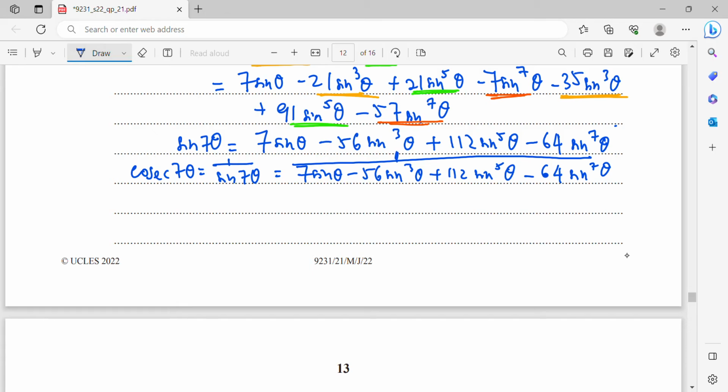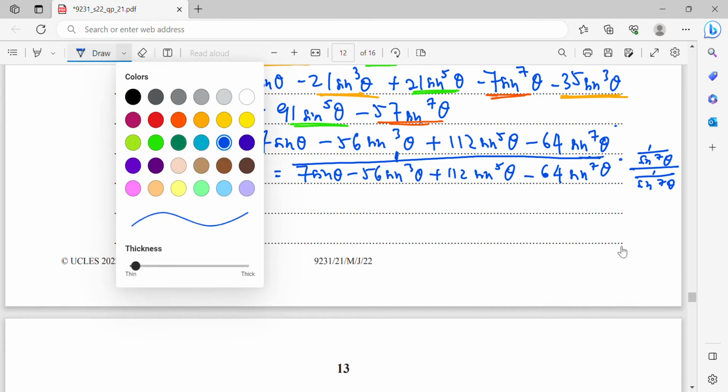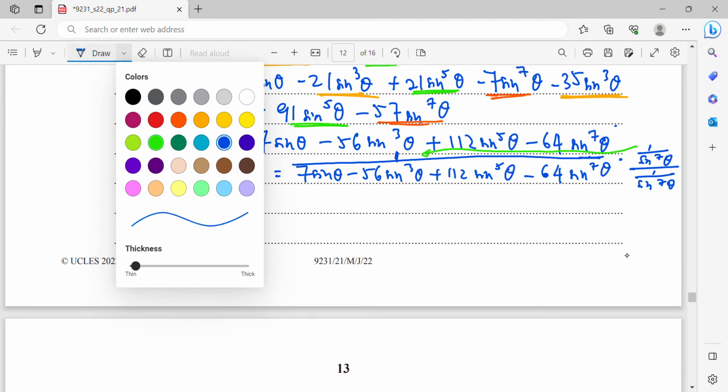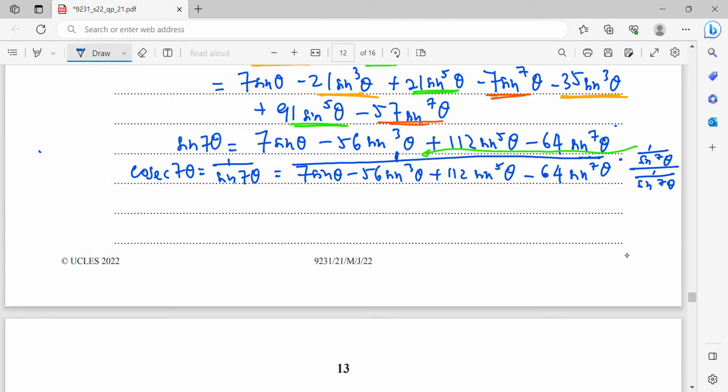It is not 1 over sine power 7, which means you need to times 1 over sine power 7 theta divided by 1 over sine power 7 theta to this. So now when I multiply this to 1, my numerator is 1 over sine to the power 7 theta.